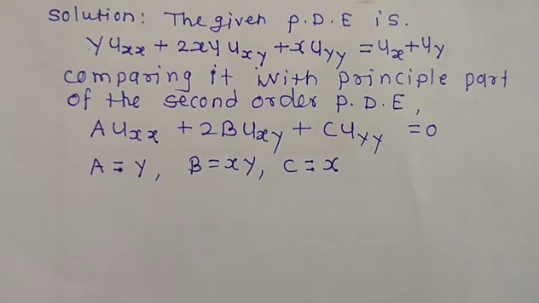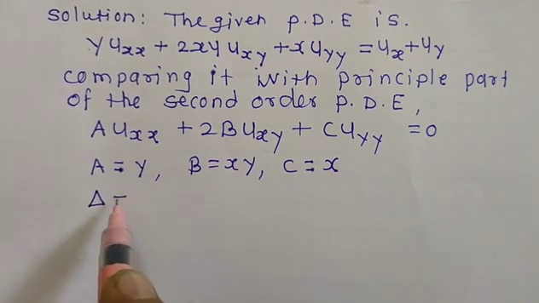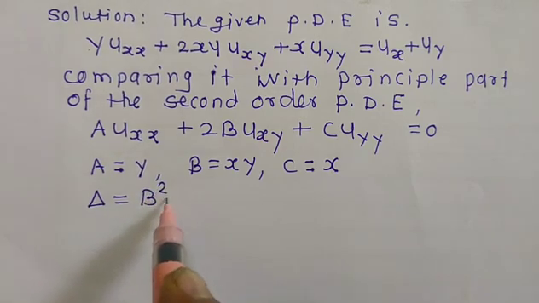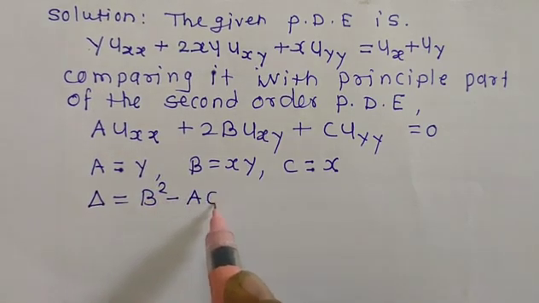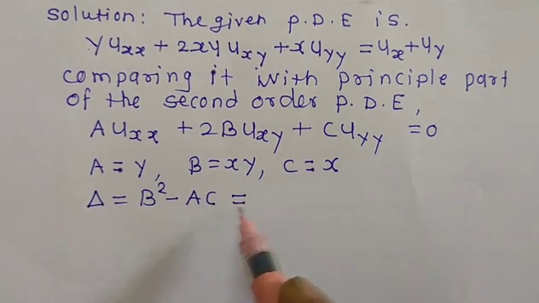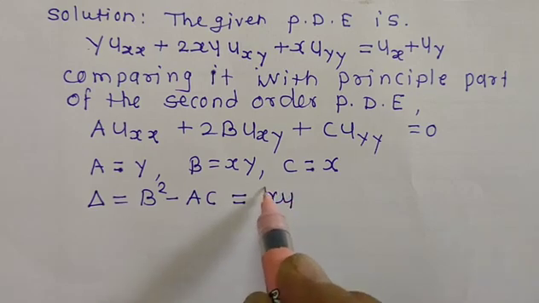Now to determine whether this is hyperbolic, parabolic or elliptical, we use discriminant delta. Discriminant delta, that is B square minus AC, is what? B square, that means XY, its square.